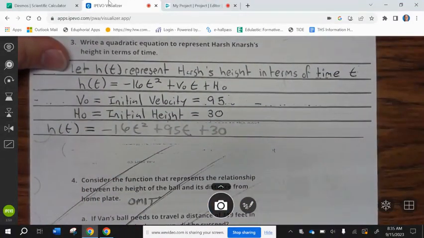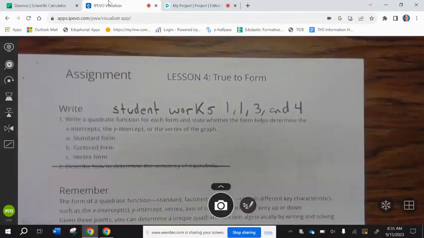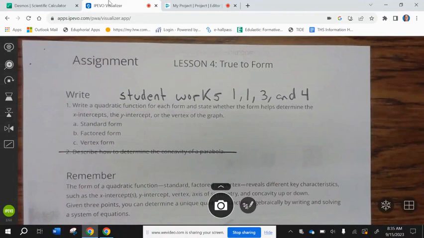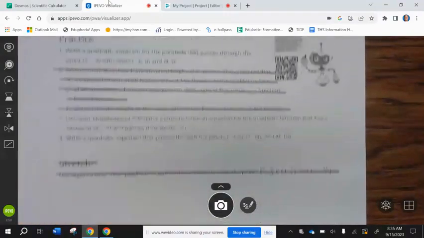okay, and let's take a look at the next page. All right, student works 1, 1, 3, and 4 on page, oh, here, I'll go slow.